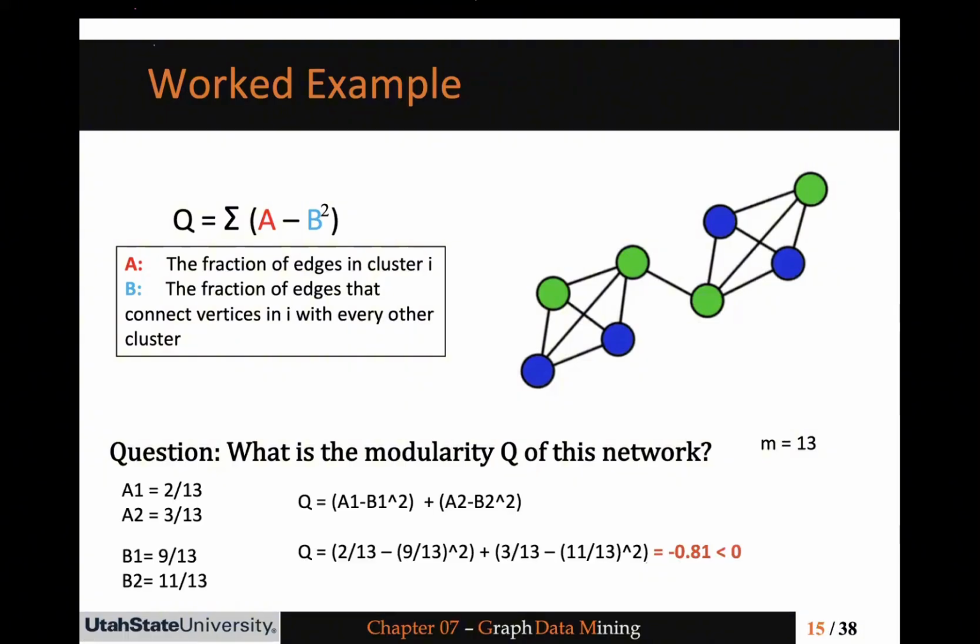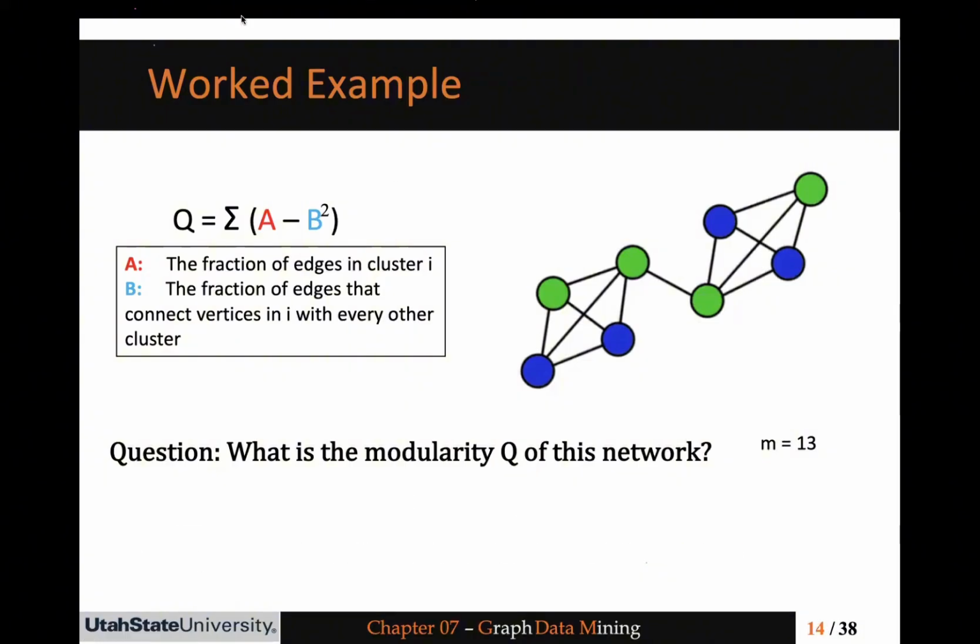Okay, so let's just try to do the same example by hand, and in this case, just try to compute. I think the first one is the number of edges. That's my first concept here. So m is equal to 13. Now I need to find what is the a.